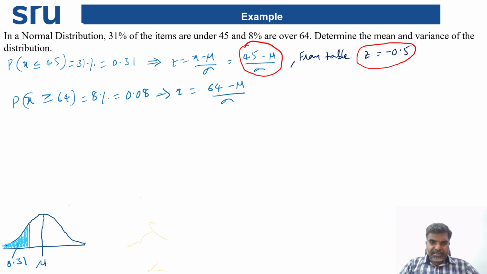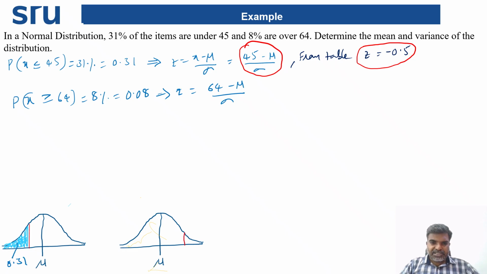Similarly, second condition, 8% over 64. When x is greater than or equal to 64, the area is 0.08. Over means you have to take the area on the right side of 64. Okay, very careful. Less than means you have to take the area on the left side of the z value. Over means above, or right side of the z value.